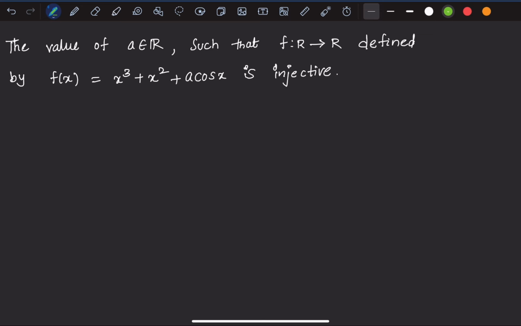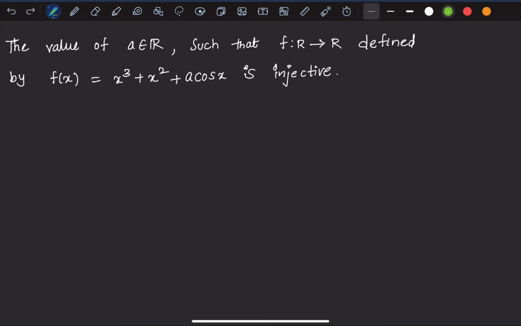But in this case, the function which is given to you has algebraic terms and trigonometric terms. So drawing the graph for this function is a little tricky and complex as well. So how do you proceed with these kinds of questions?